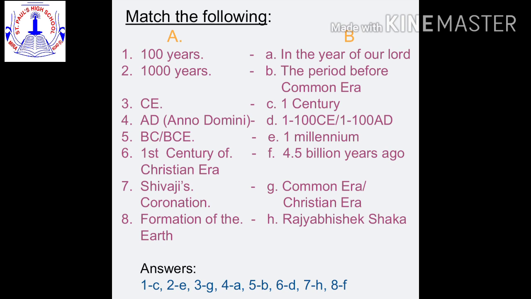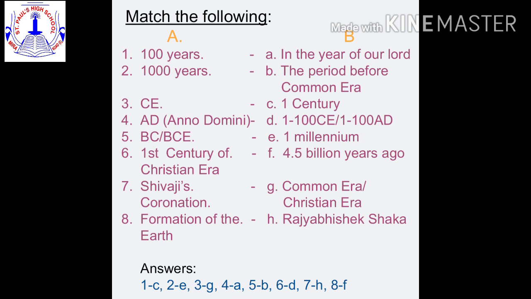Fourth, AD, Anno Domini. The answer is option A, in the years of our Lord. Fifth, BC or BCE. The answer is option B, the period before common era.